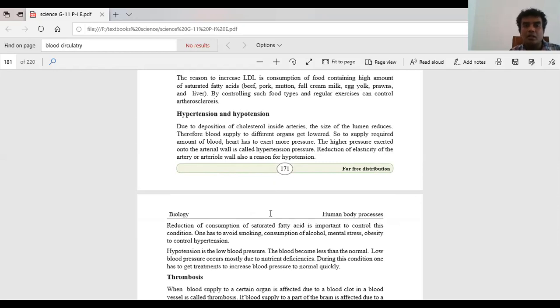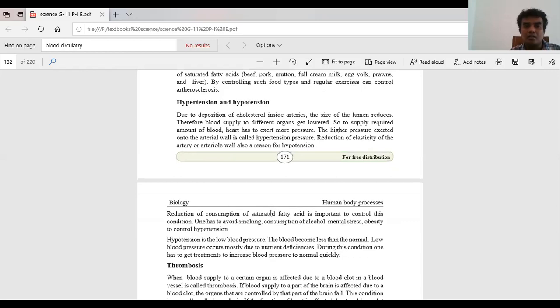In addition to that, mental stress is another reason, and the consumption of alcohol and smoking are other reasons for hypertension. By spending our leisure periods efficiently, having a balanced diet with enough fibers, and stopping smoking and alcohol consumption, we can control hypertension conditions. For hypotension, we have medical treatments, and that happens rarely among people due to the lack of nutrients in their diets.